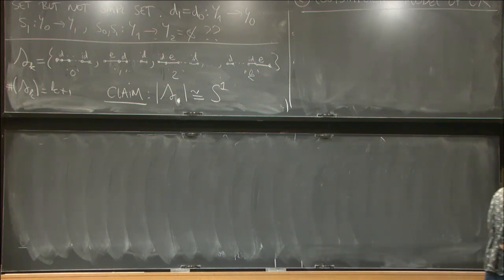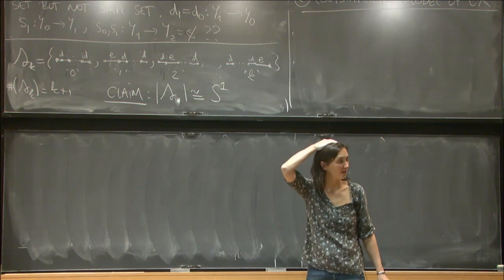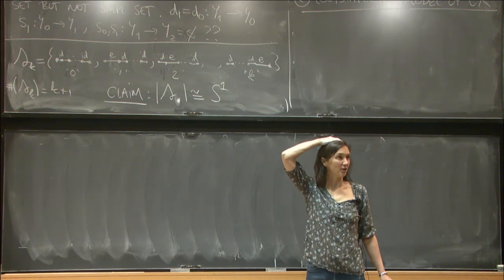Do you always think of a simplicial set then as the nerve of some category-like object? No, we just went through an example, right? The singular. No, not category. It's more than that.